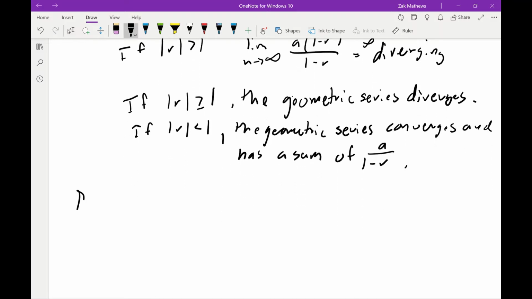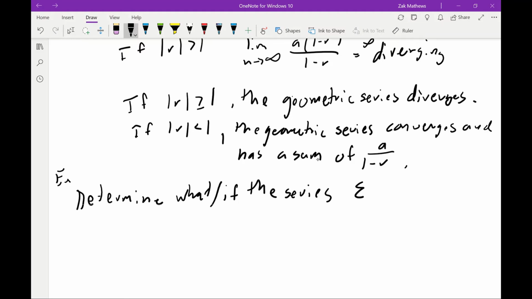So let's determine, as an example, what the series, the summation of negative 2 to the n times 7 over 5, as n goes from 0 to infinity, converges to.